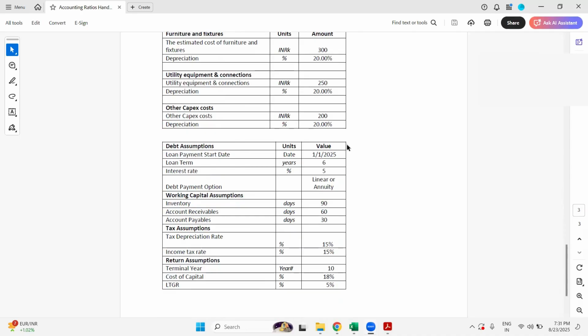And my loan repayment will start from 1st January 2029, which means that if I am starting my operations from 1st January 2028 and I say that I have a moratorium period of 1 year, then I am supposed to pay back my loan from 1st January 2029 onwards.